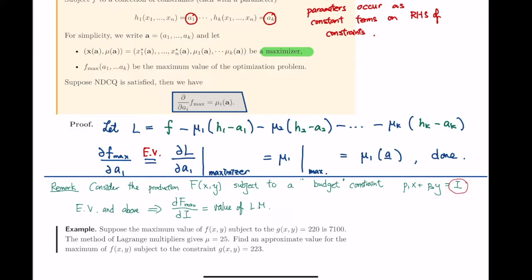And therefore, the Lagrange multiplier is referred to as a shadow price, the so-called shadow price. In this case, because it is the rate of change of the maximum production with respect to the total budget.